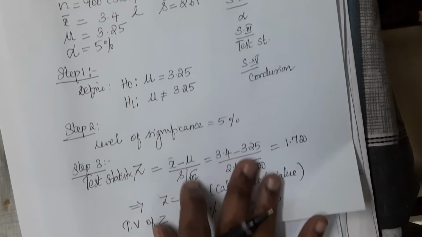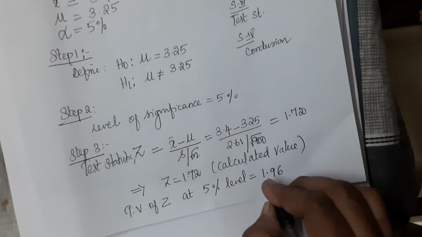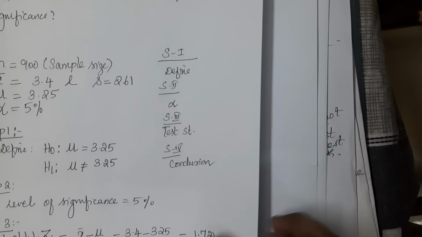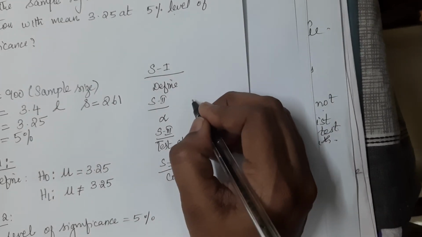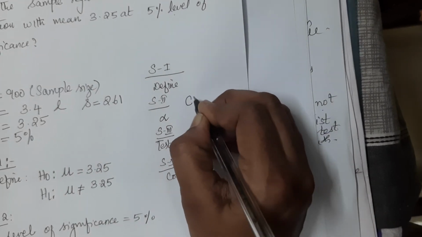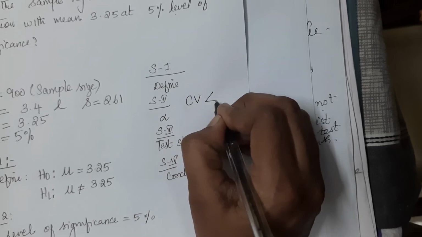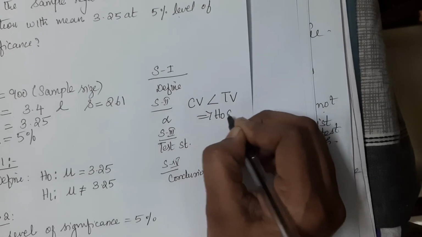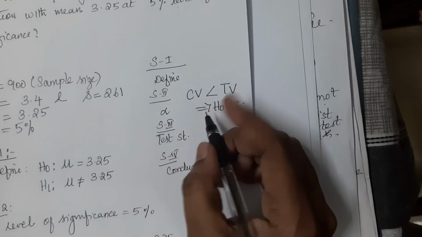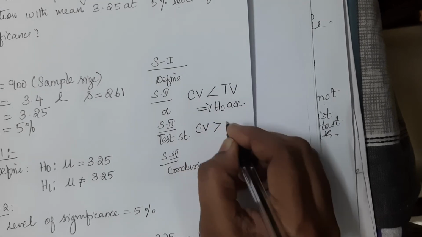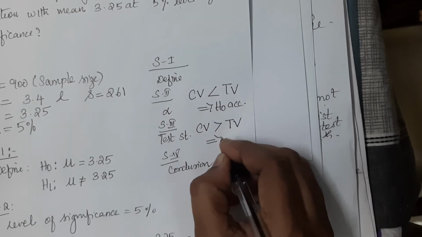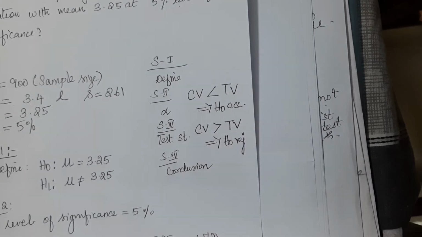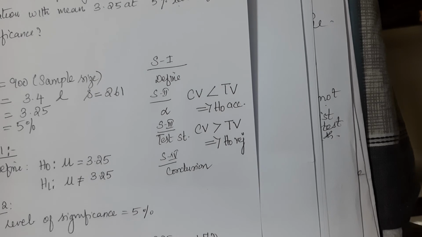If the calculated value is less than the table value, then H naught is accepted. If the calculated value is greater than the table value, then H naught is rejected. This is our result or inference.